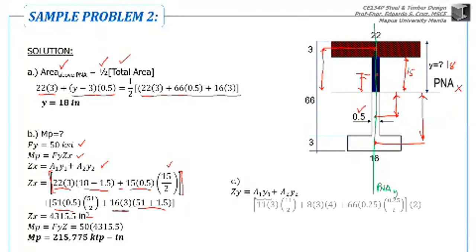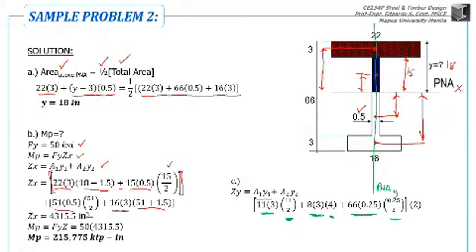Tapos i-multiply mo sila ng mga corresponding distances nila. Halimbawa, yung red area, 11 times 3, times yung centroid distance niya from the PNA about y-axis. Tapos ito yung lower flange, 8 times 3 times yung centroid niya galing sa PNA. Tapos ito naman yung web part area times yung centroid distance niya.